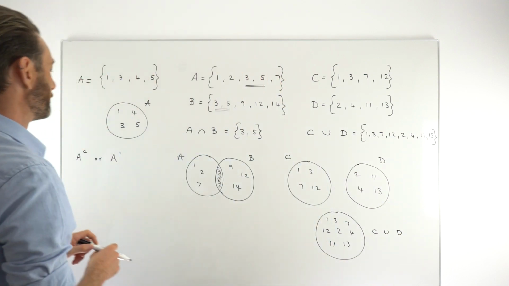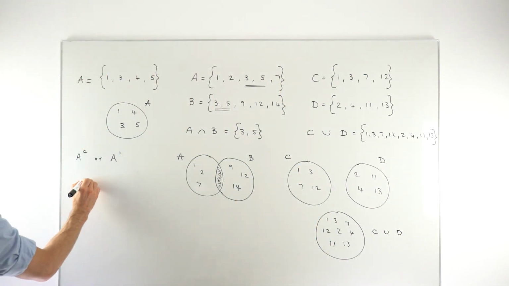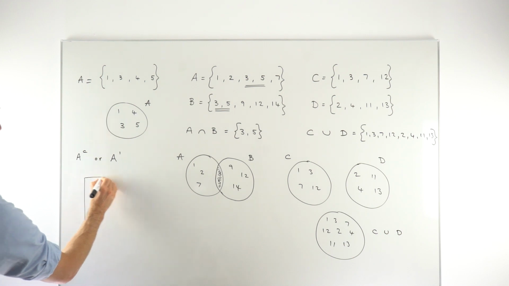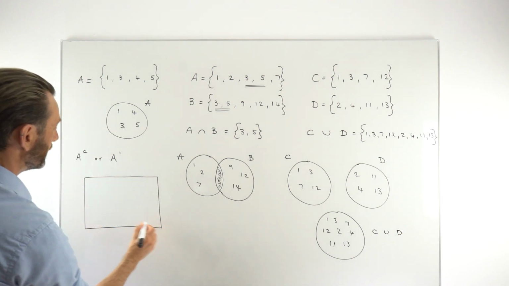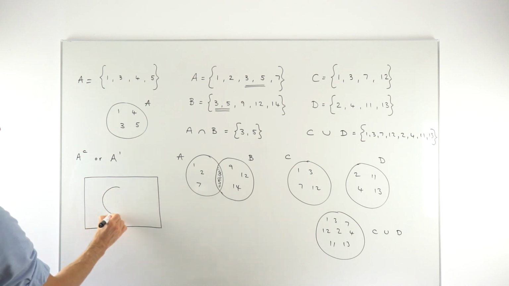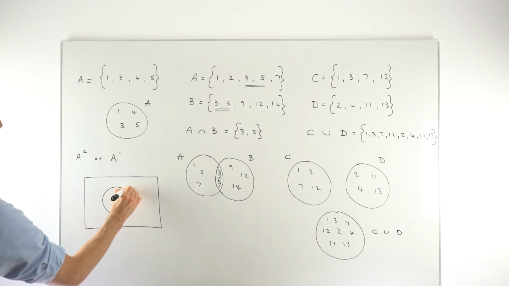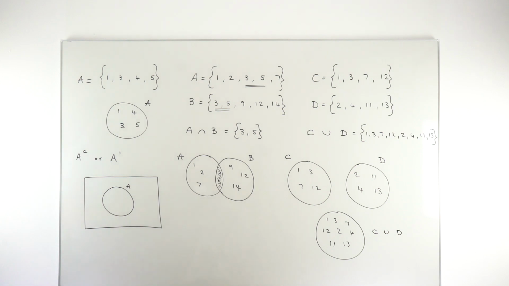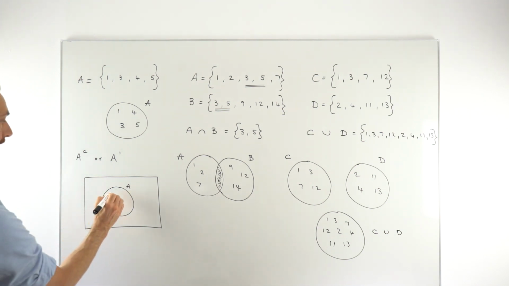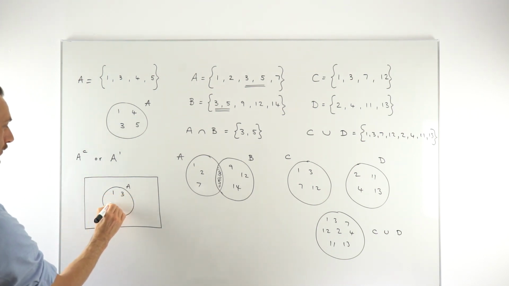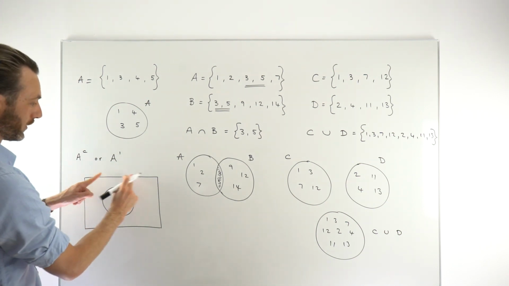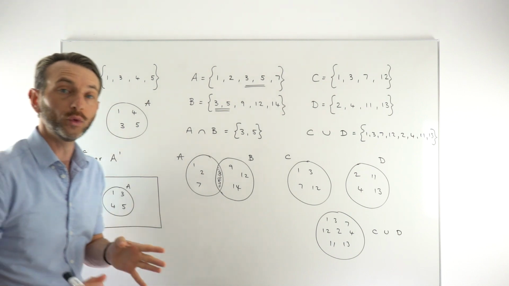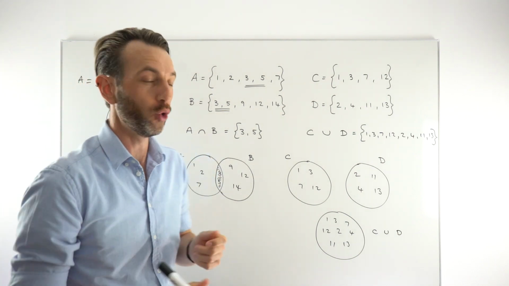So when we come to represent these on a Venn diagram, we normally have another structure, usually like a rectangle or a square like this, and we take the set we're interested in, which is A in this case, and we put that inside the square like this. So our set A is 1, 3, 4, and 5. But if you imagine this square, let's imagine we're only dealing here with integer numbers, so whole numbers.